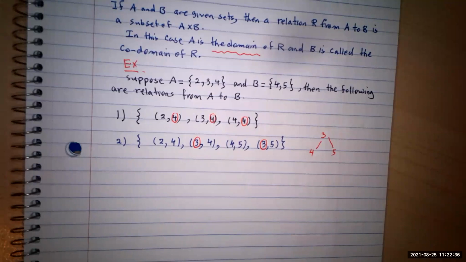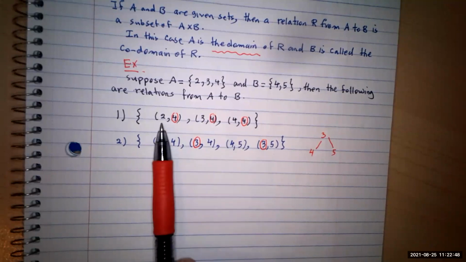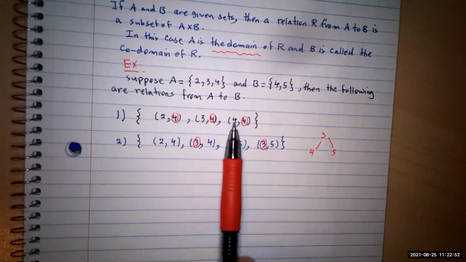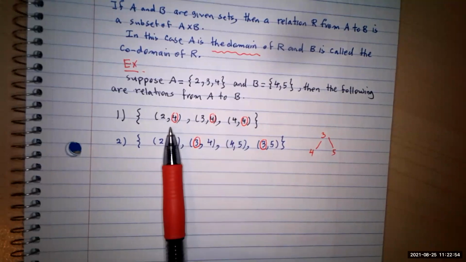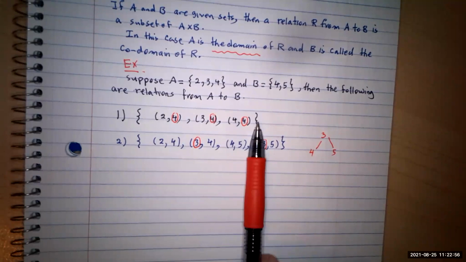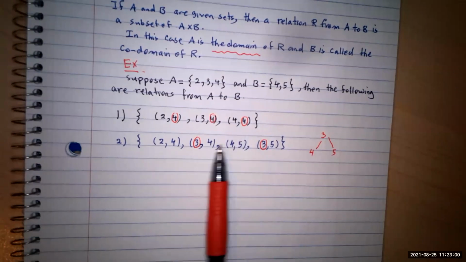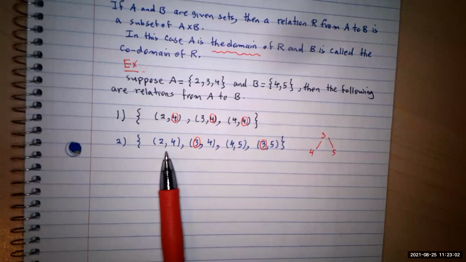In a minute, you will see the definition of a function. A function is a relation in which you cannot have any sharing of the first component. In the first one, the first components are all different: 2, 3, 4. This relation is going to be called a function. But the second relation, because they're sharing the first component, cannot be a function.